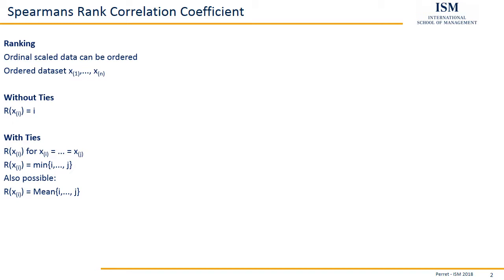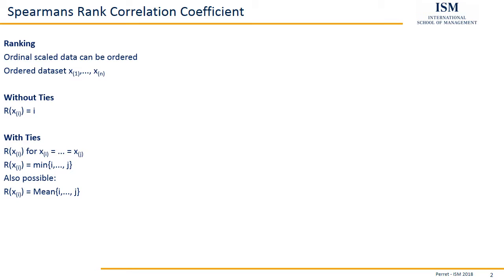Usually what you use is the first version with the minimum, but the mean version in some cases also is applied. That's why I make the difference here and mention this. So there are those two basic assumptions. Either assign it the best rank for all or assign it the average rank for all relevant observations.